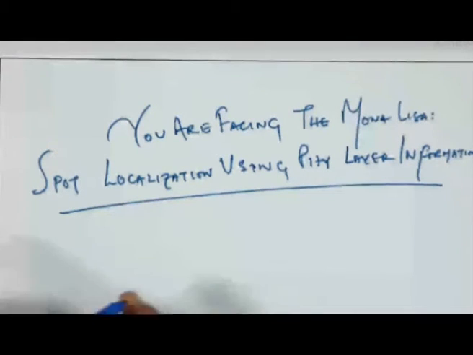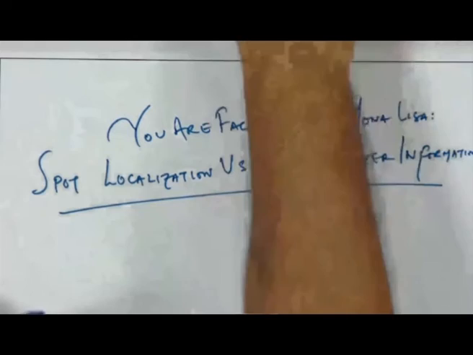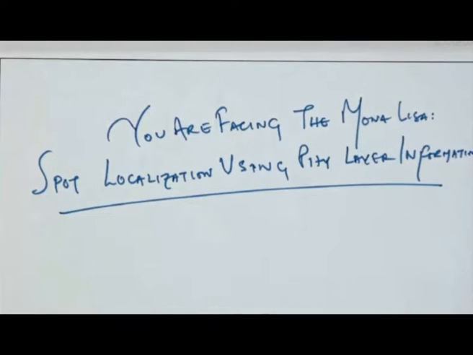But this may be difficult because if it is 3 meters, instead of Mona Lisa, it may give some other pictures just beside Mona Lisa. So the requirement is spot localization, exact micro localization using a mobile phone. This is a paper from MobiCom 12.